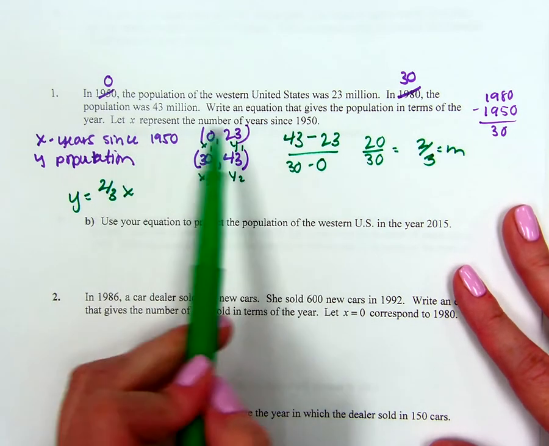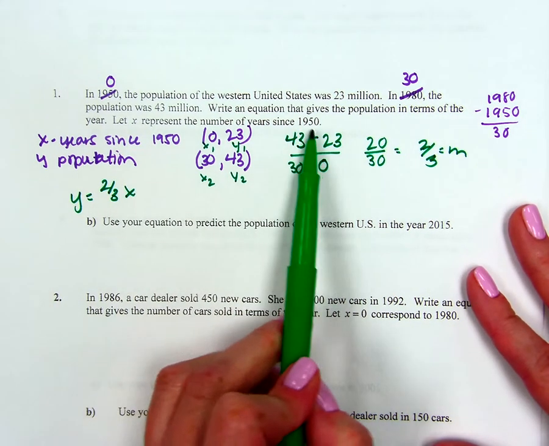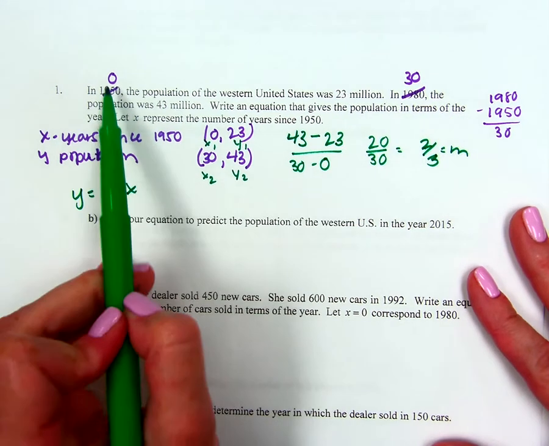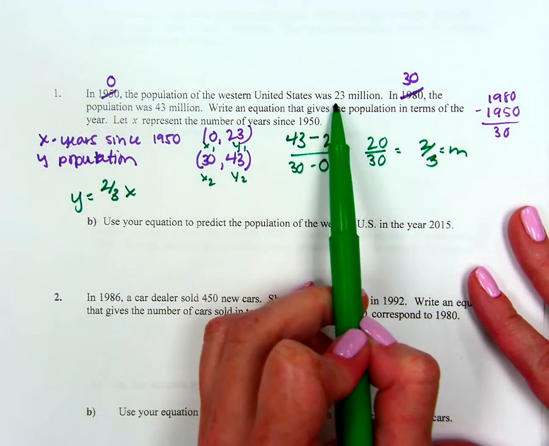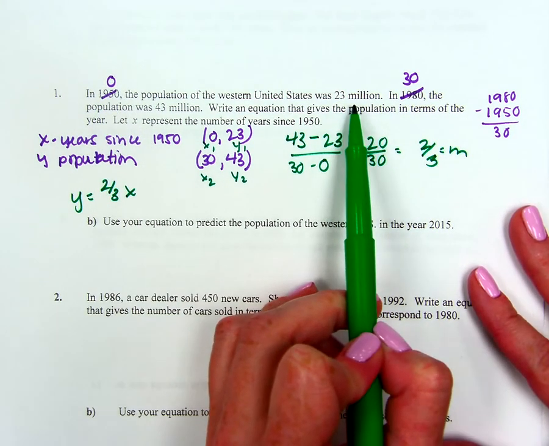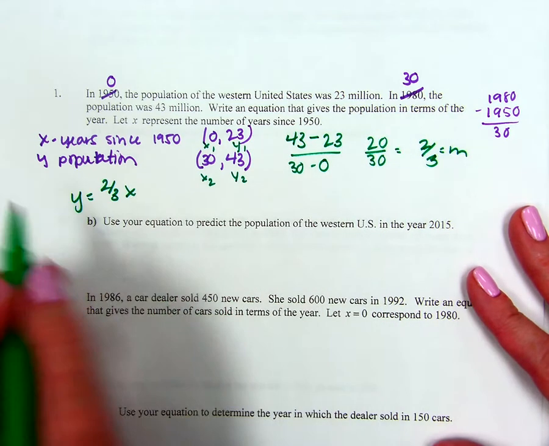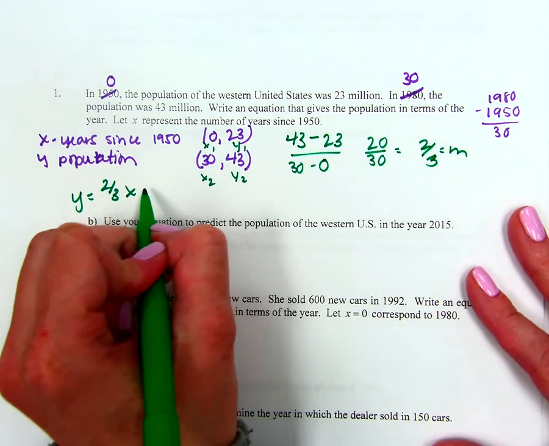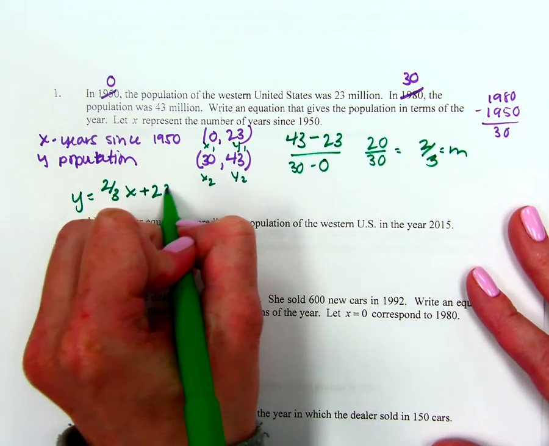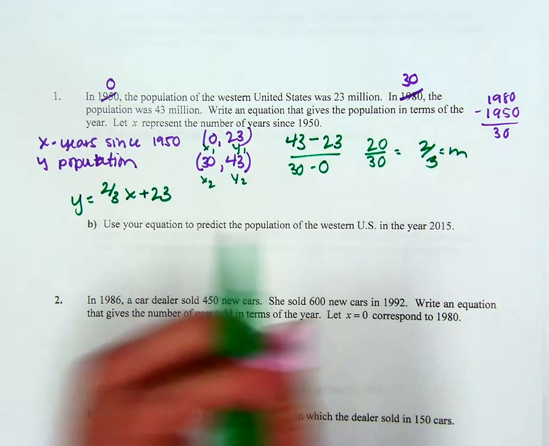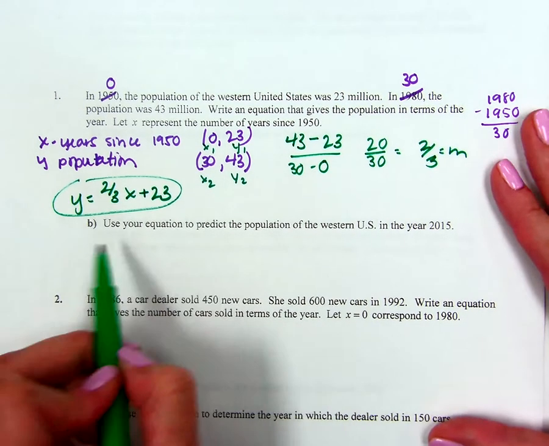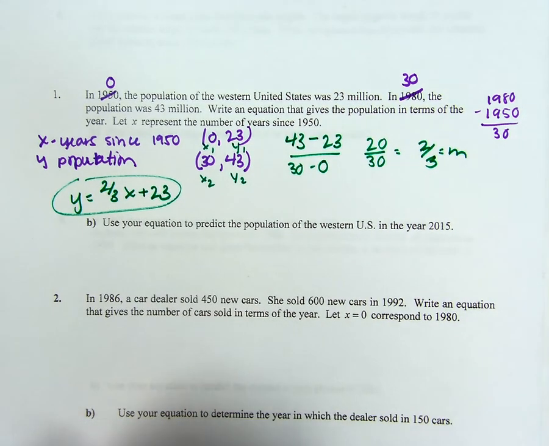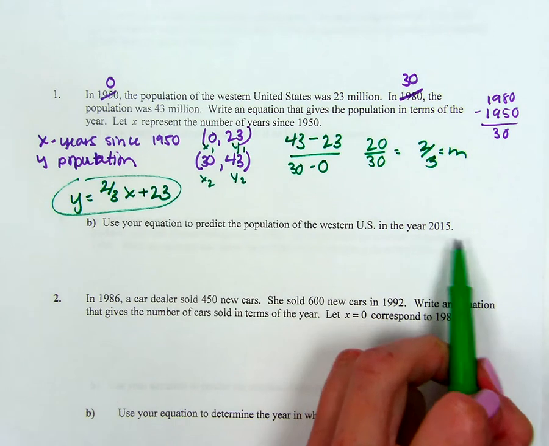So let x represent the number of years since 1950. So if my x is 0, my y is 23, so that would be my y-intercept. So I have y equals 2/3 x plus 23. So there's my equation. So now it says, use the equation to predict the population of the western U.S. in the year 2015.